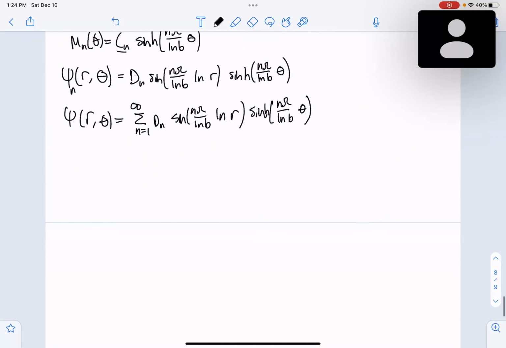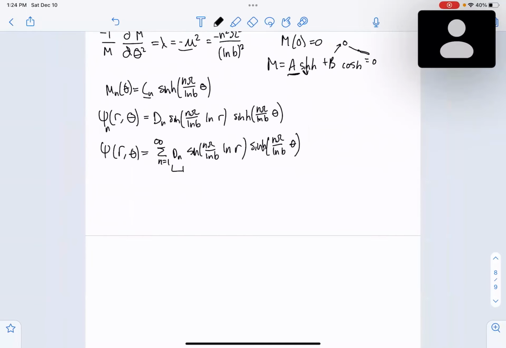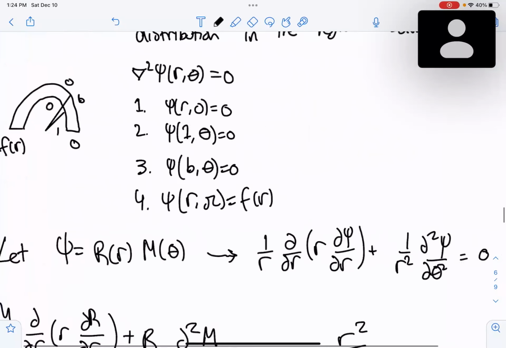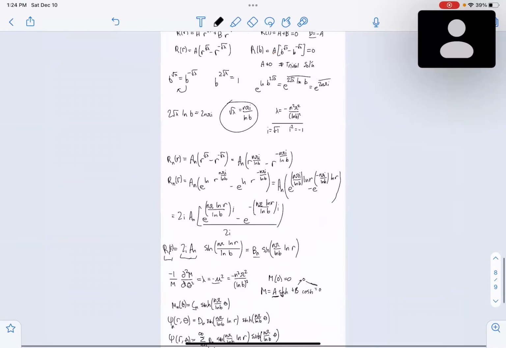Yeah, so now that we have this, we want to look at our initial condition to try to, not our initial condition, but our last boundary condition. Since it's a steady state, there's not really an initial condition technically. But we want to try to solve for d_n as an integral. So we're going to look at f of r here, as we had outlined above. At theta equals pi, we have phi equals f of r. So that's what we're going to do.